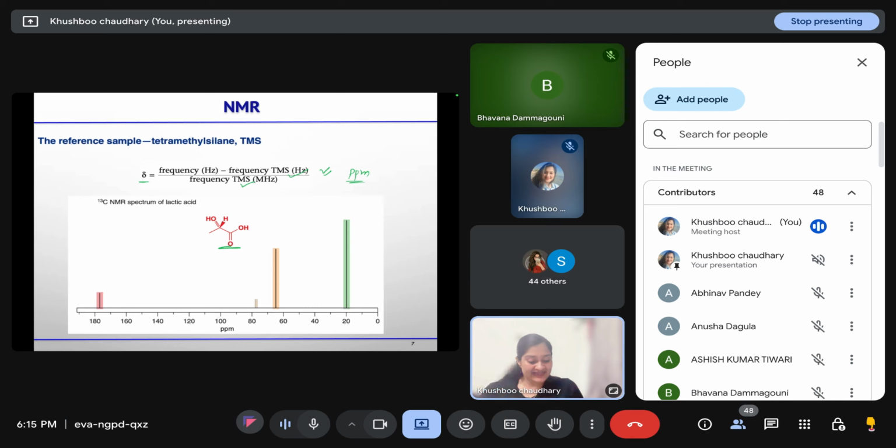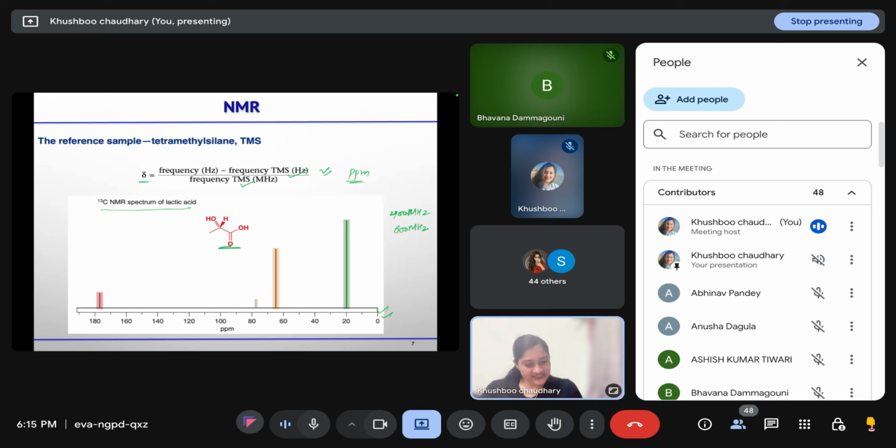In the case of this lactic acid, as we saw, on the basis of the reference compound, in all the machines, whether we record it in 400 megahertz or 600 megahertz, the lactic acid carbon 13 spectra will be similar. That's why we use TMS as a reference sample, which is different from any other organic molecules that we want to analyze using NMR.